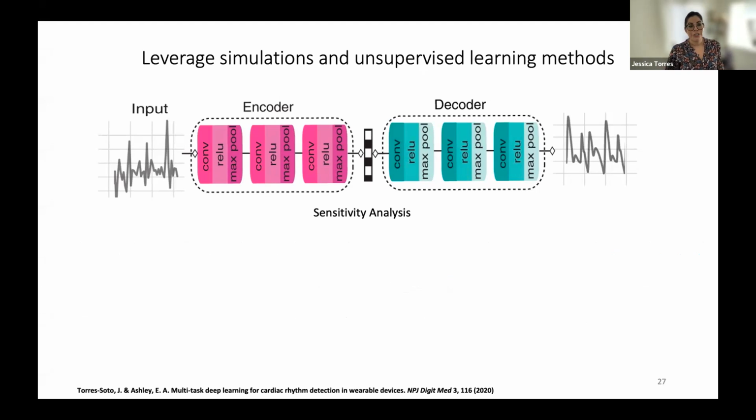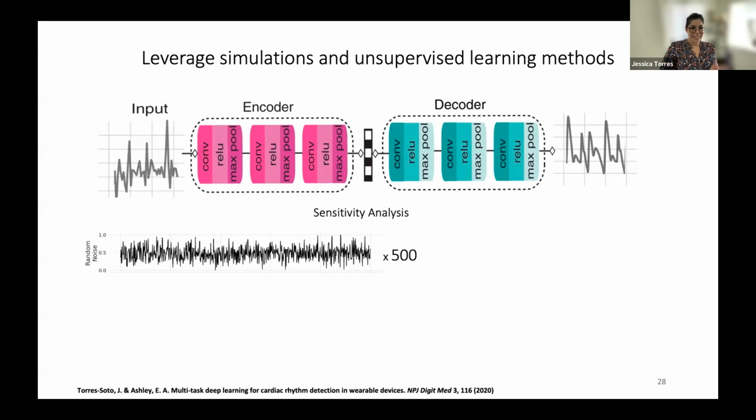It's important to also say, what if it's not working? So what type of sensitivity analysis can we do to test whether or not the denoising is working properly? We don't want a situation to happen where the convolutional denoising autoencoder introduces a physiological signal where there is actually no true physiological signal present.